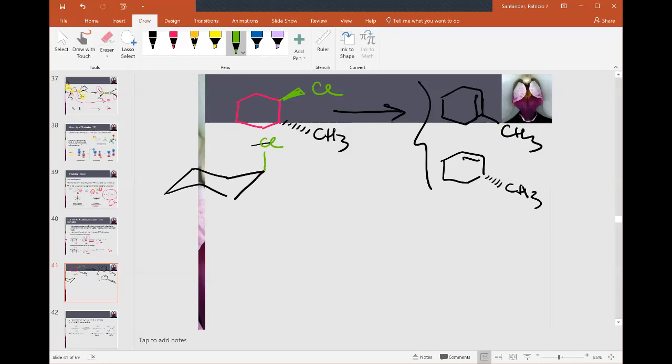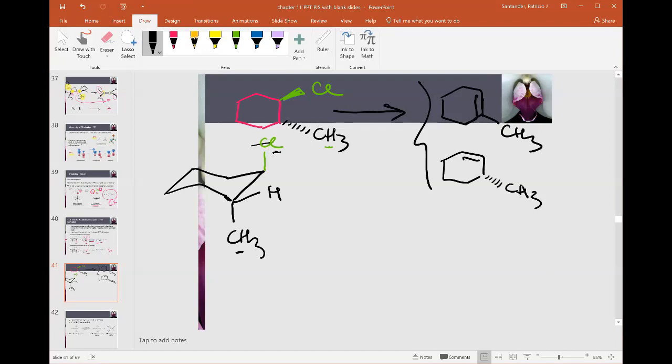And because the methyl group is trans with respect to the chlorine, that means that the methyl group is here, right? Too bad. Too bad, because that means that the chlorine here doesn't have a hydrogen atom as antiperiplanar. The only hydrogen atom on this carbon atom is there, is equatorial.